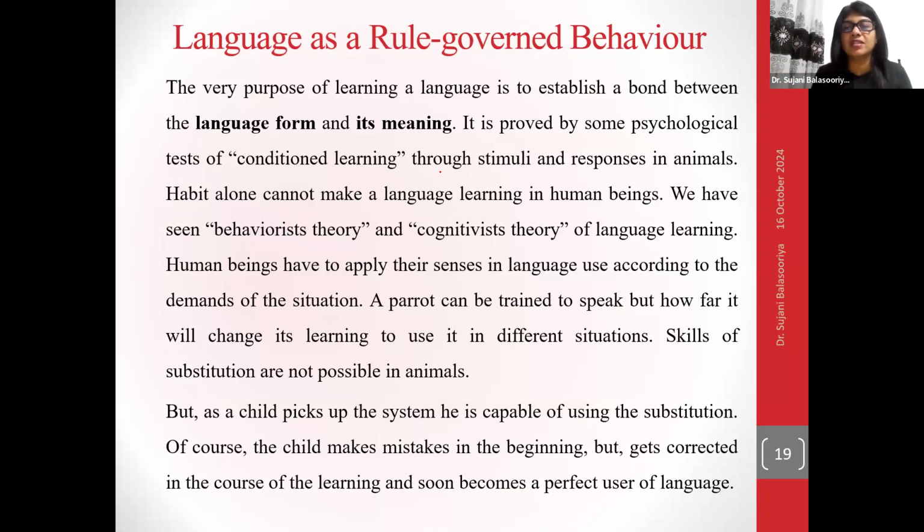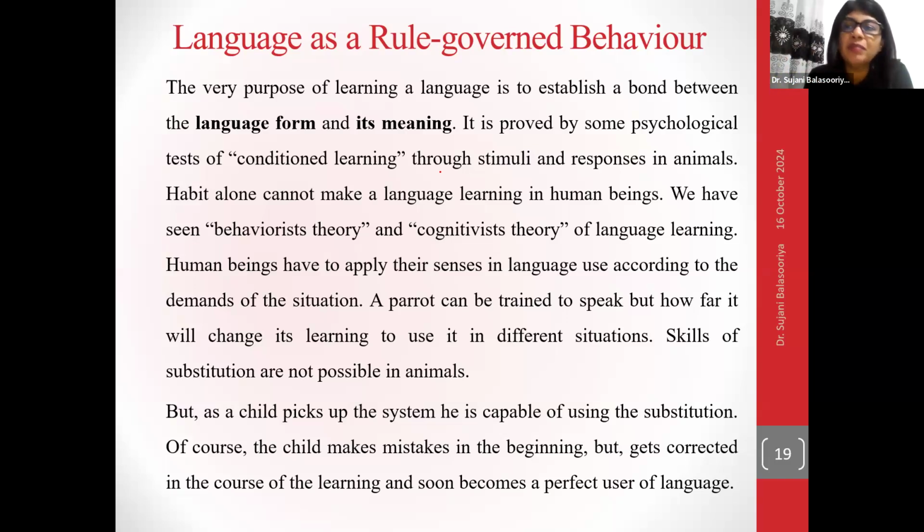There are so many characteristics or properties of language. Among them, this is one: any language is rule governed. So what do you understand by this? Before I move on to the note, I'm briefing the idea here. The property of rule governed behavior means language is functioning with rules.